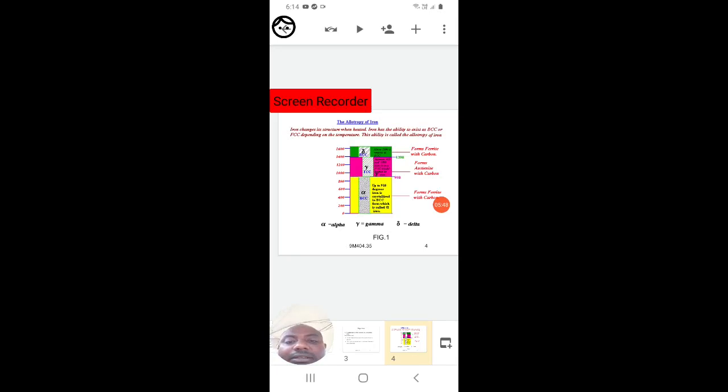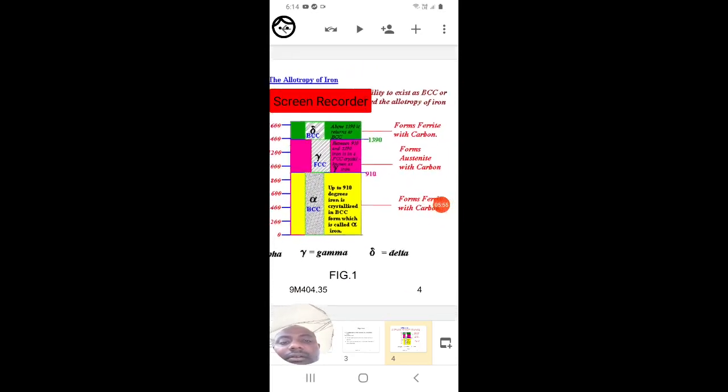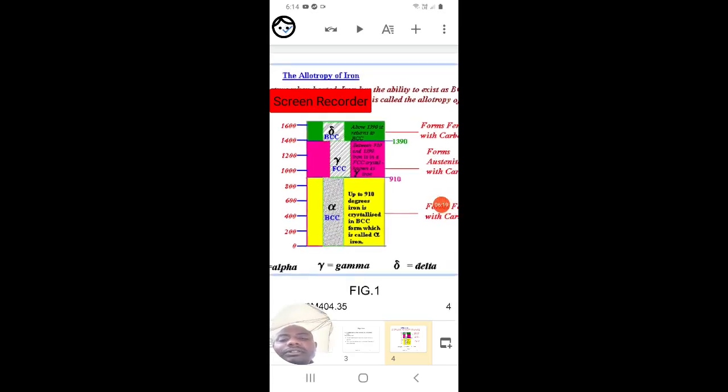Delta iron exists from 1538 degrees centigrade down to 1400 degrees. It is a highly unstable form, with the BCC structure.